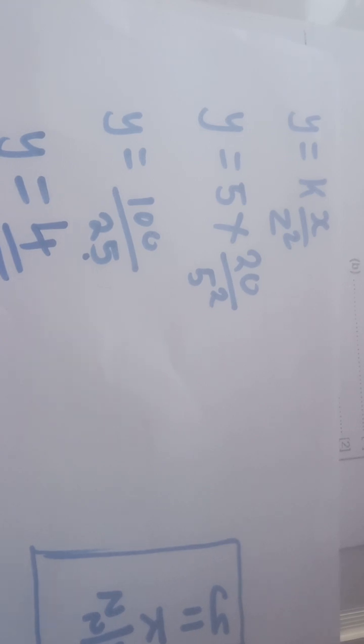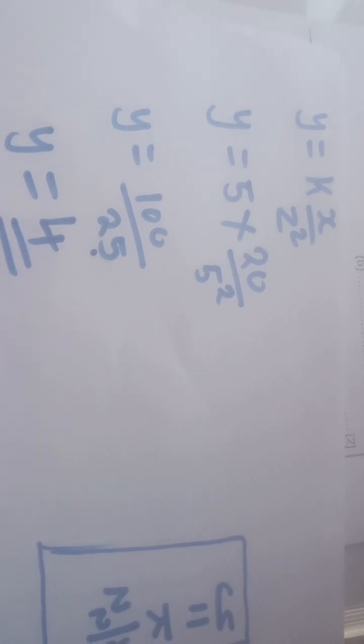So the value of y is 4. That is how you answer questions A and B. Now we are going to question C, which is the last question. It's saying, find the value of z when x is equal to 9 and y is equal to 5.